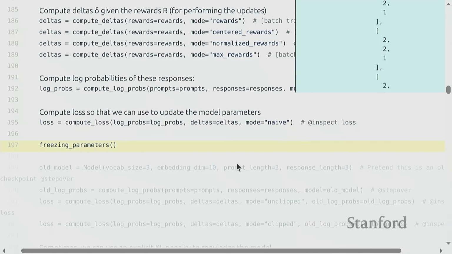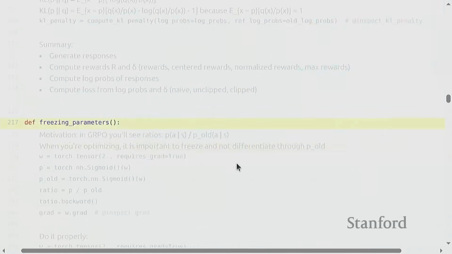Just as an interlude, I want to make sure we get into this idea of freezing parameters. Later we'll see in GRPO these kinds of ratios, right? This relates to the idea that you have a probability of action given S, and you're dividing by some other model.